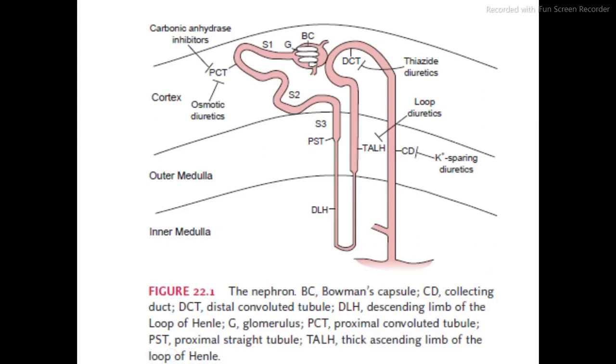Glucose and amino acids are completely reabsorbed at this site. 80 to 90% phosphate and 80 to 90% bicarbonate reabsorption also takes place at this site.